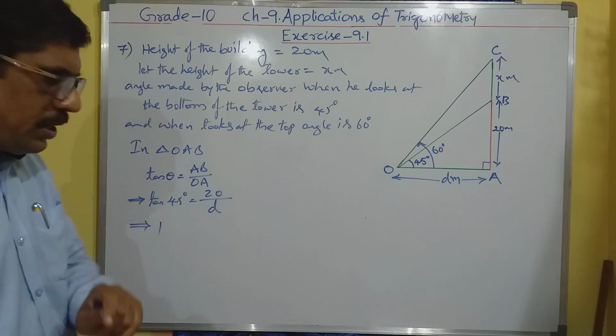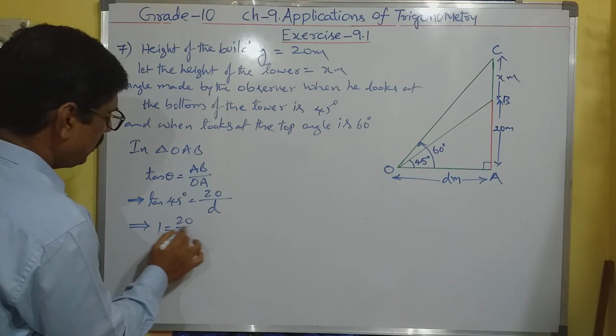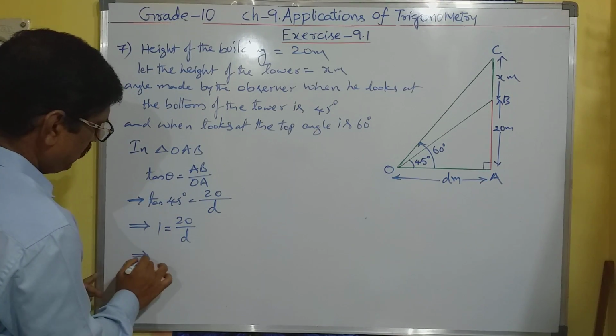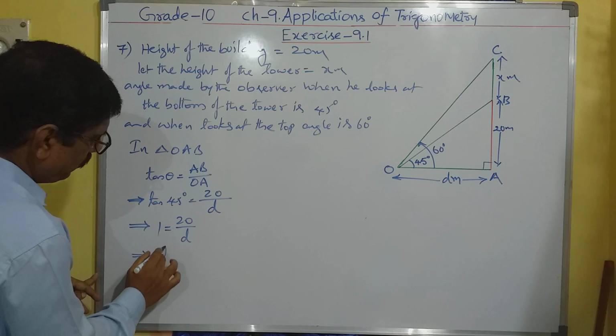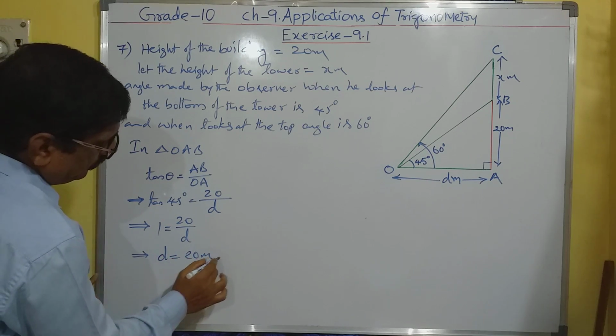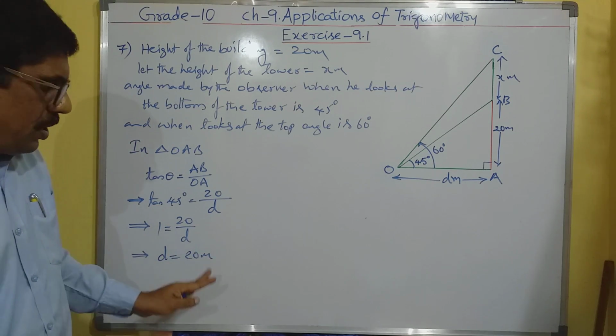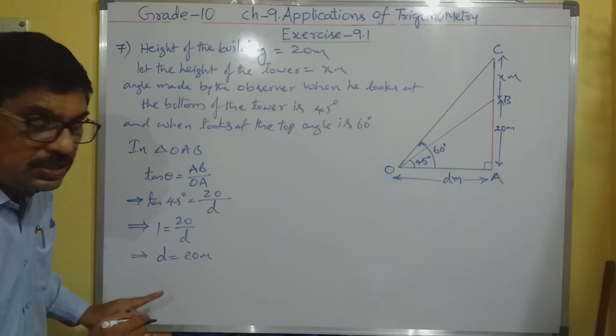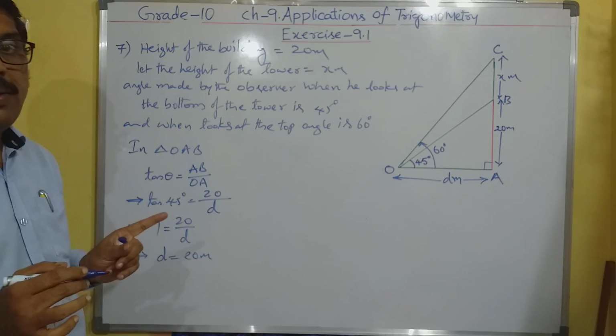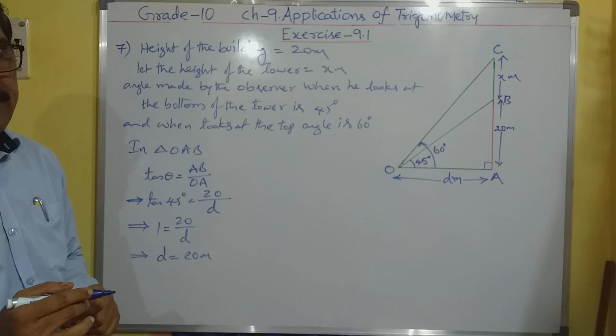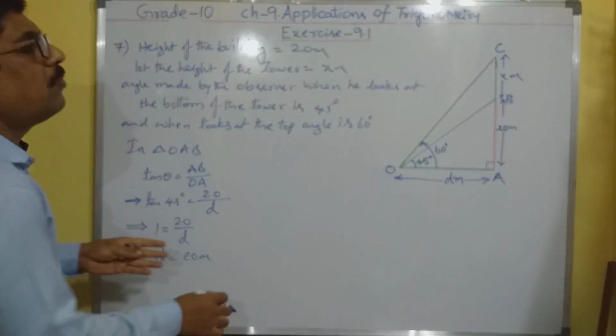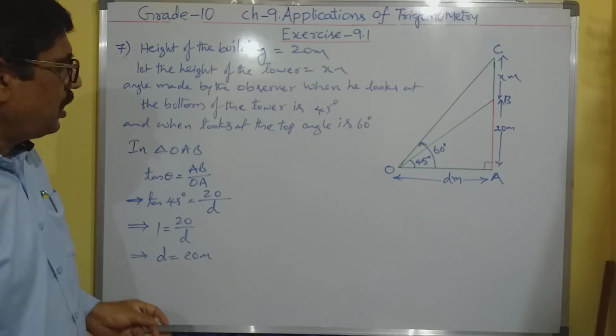Tan 45 is 1. So 1 is equal to 20 by d, and by taking d to the LHS we get d is equal to 20 meters. Therefore, we have got the value of d, which is the distance from the observer to the bottom of the building. Now, by using this, we are going to find the height of the tower.